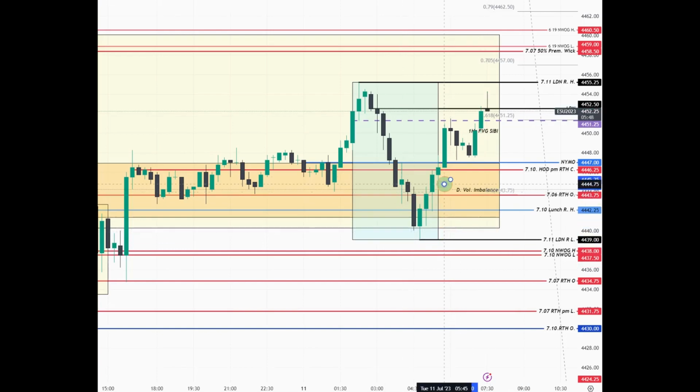So what's above this here? What's above it is this London high, the raid high right here. And again, what is that? 55.25. And above it, we've got the 0.705 fib. And then above that, I've got a July 7th premium wick on a daily candle, and that is a gap and consequent encroachment gap of a premium wick.